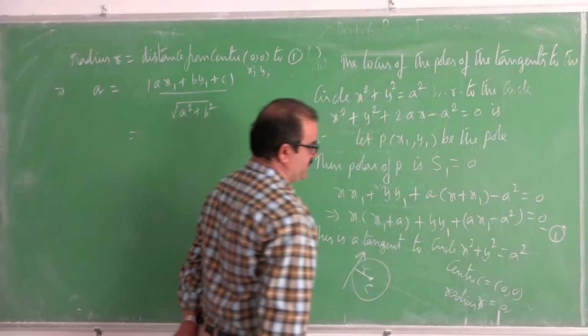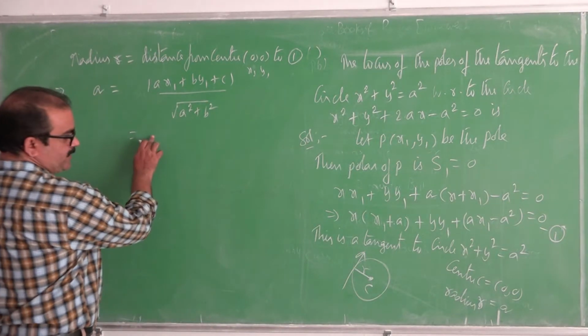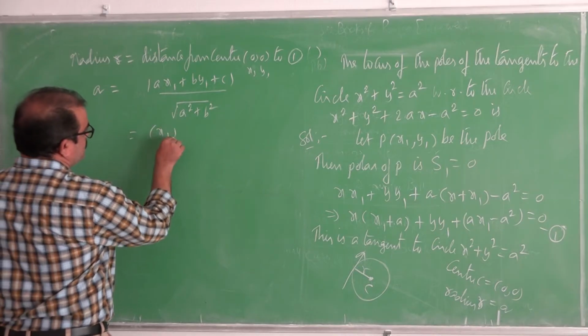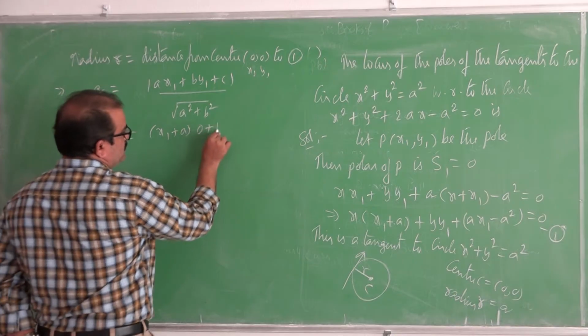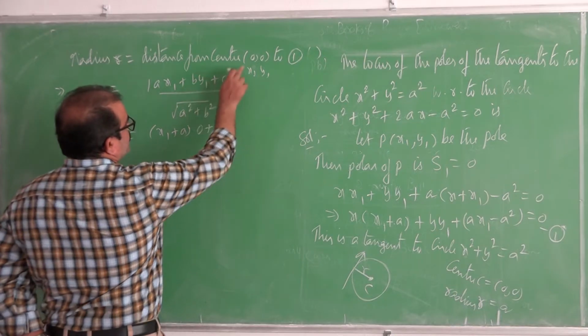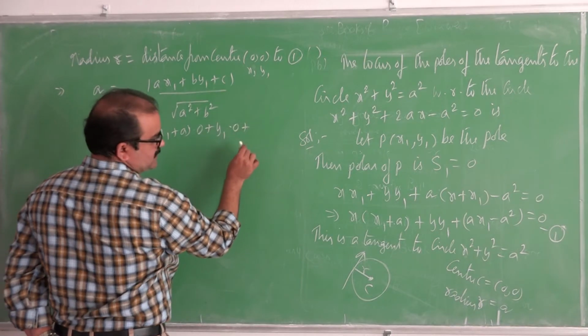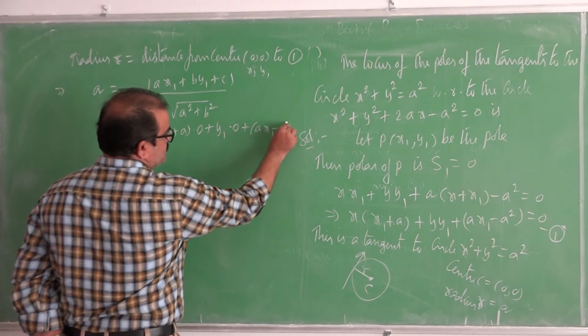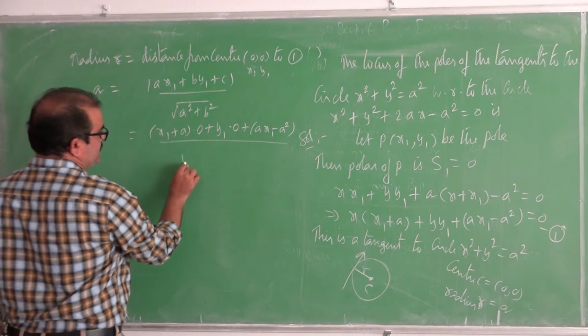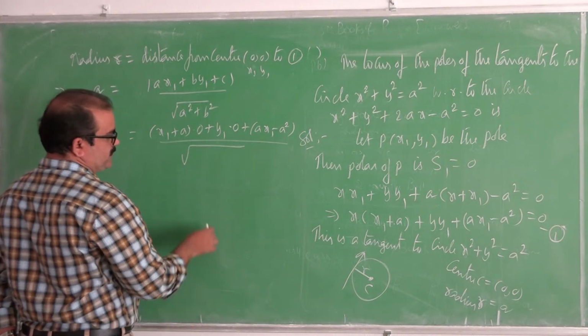ax1 minus a square. Here a x1 into 0 plus b y1 into 0 plus c. What is c value? What is the constant term? It is ax1 minus a square by square root of a square plus b square.